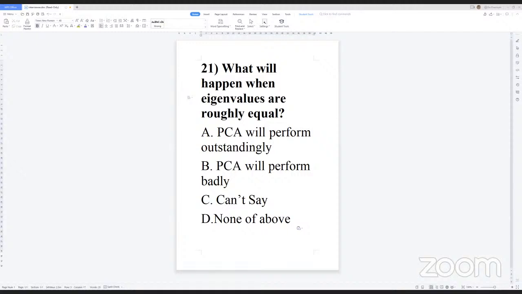Yeah, the option would be B. PCA will perform badly. So the solution for this is option B. And the explanation for this is when all eigenvalues are the same, in such case, you won't be able to select the principal components because in that case, all principal components are equal.